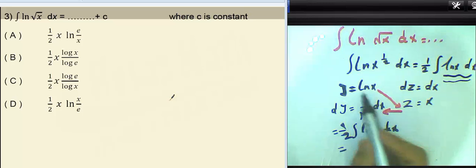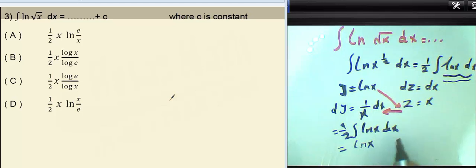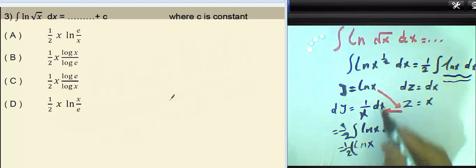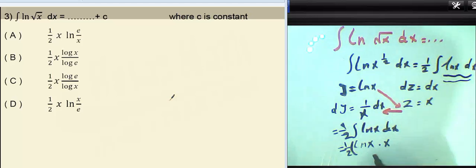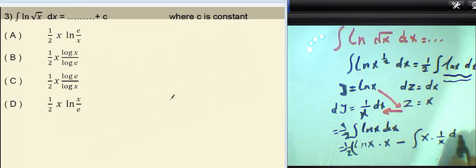We can solve: ln x multiplied by x, and write half outside: ln x multiplied by x subtract the integration of x multiplied by 1 over x dx.